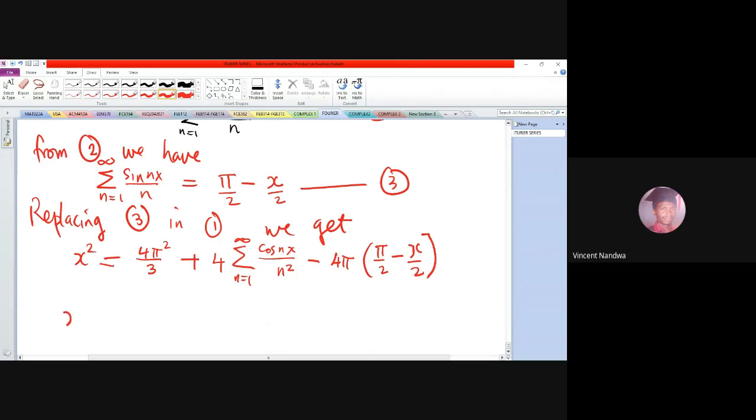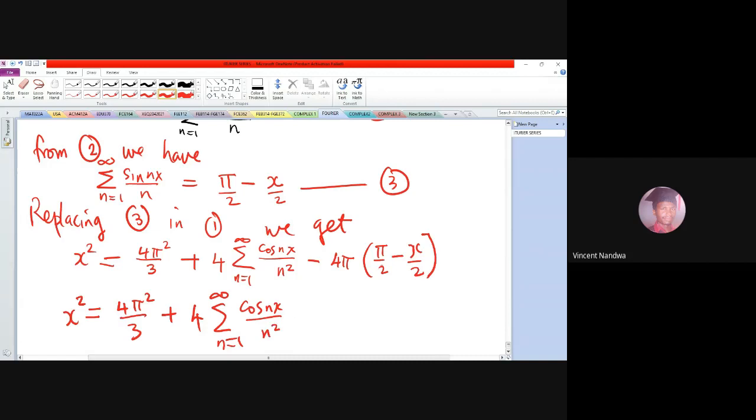So that we have x squared equals 4 pi squared over 3 plus 4 summation n from 1 to infinity cos nx over n squared.